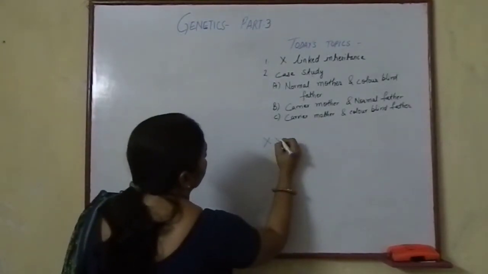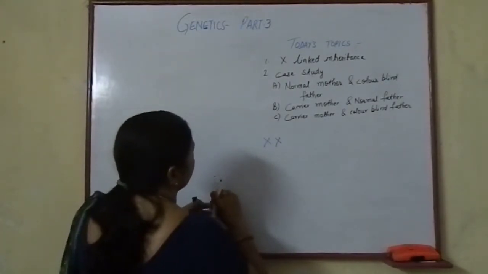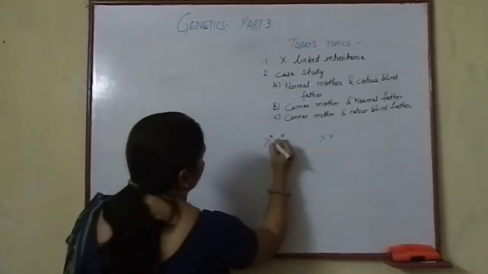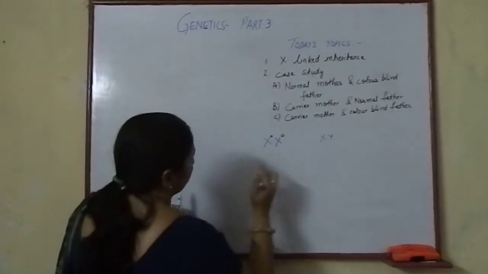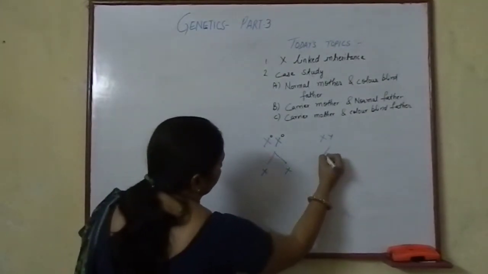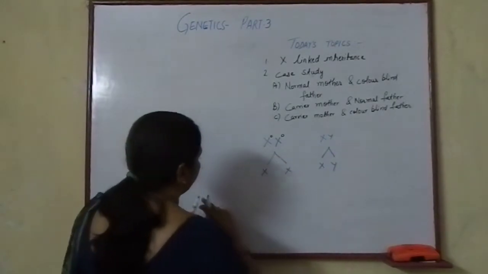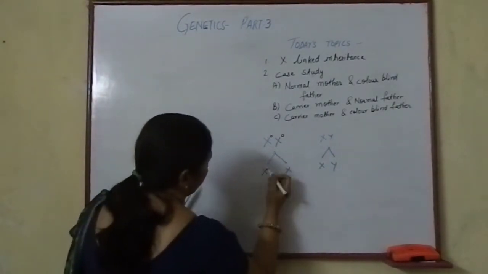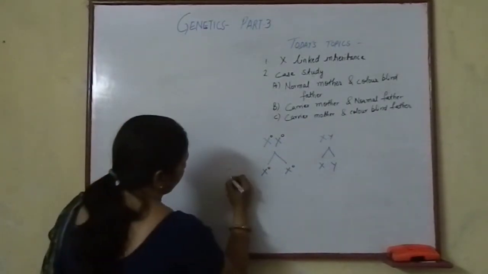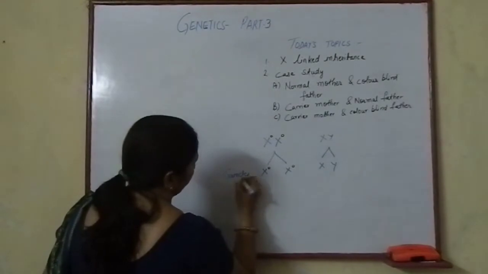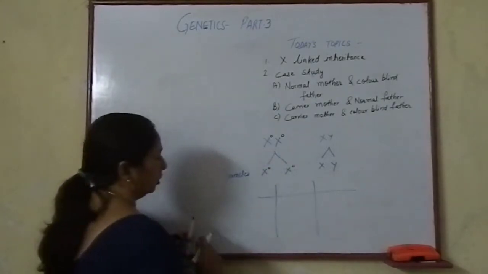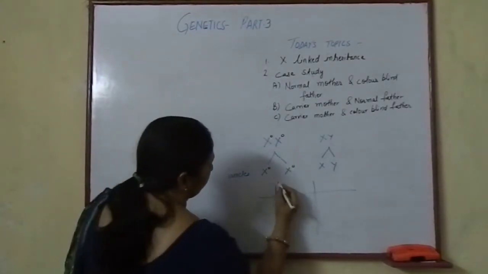So for the defective gene, the offsprings X, X0, X and Y. Now these are the gametes before fertilization, and next we make a Punnett square of the probable offsprings in this case.